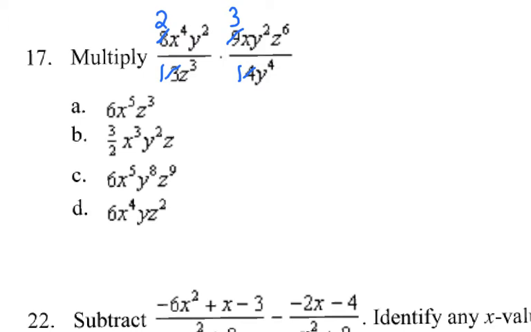For the variables, you like to cancel the ones that are across from each other. So I will start with the c to the third power, and c to the third power is down here. We have a c to the 6th, so you are going to cancel the one with the lowest exponent, and the exponent you cancel, you are going to subtract.